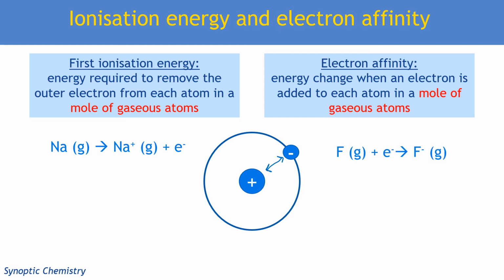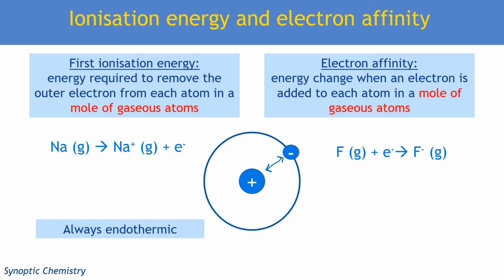Similarly, if I wanted, for example, to add an electron to fluorine, I need it to be gaseous atoms, not fluorine molecules. I need to break those bonds so that I've got individual fluorine atoms, because otherwise I can't add an electron if there's a covalent bond already using that electron up.